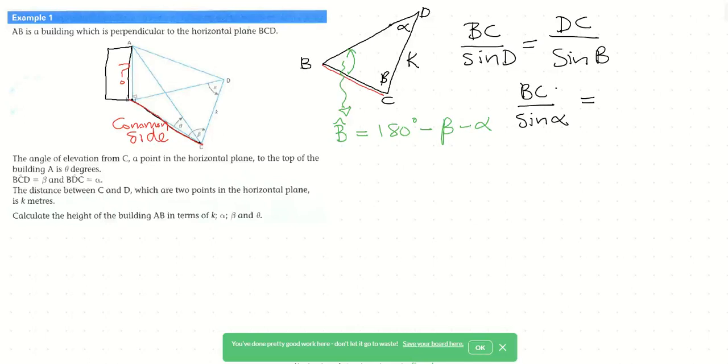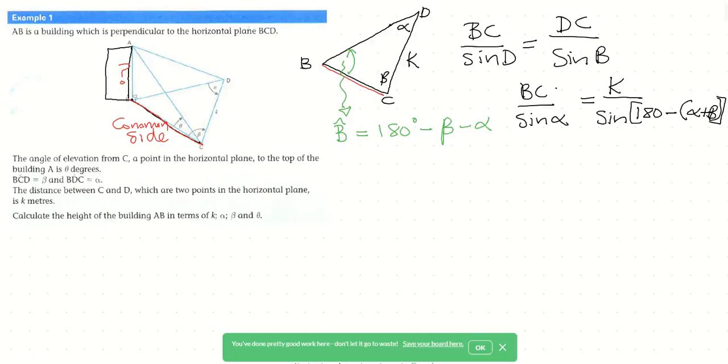DC is actually K, so let's substitute K in, over sine beta. So what is sine beta in this case? Well, I can simplify this down into sine of 180 minus alpha plus beta. All I did was put this into brackets.